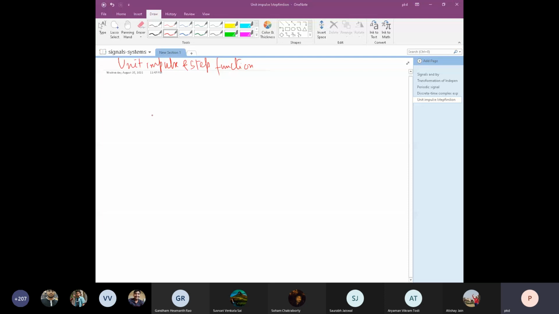So the discrete time case is easy because here we can define unit impulse and step easily. Delta n equal to 0 for n not equal to 0, and 1 for n equal to 0. So that is the impulse function.